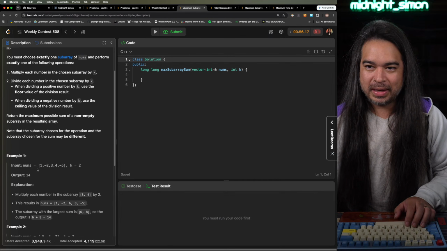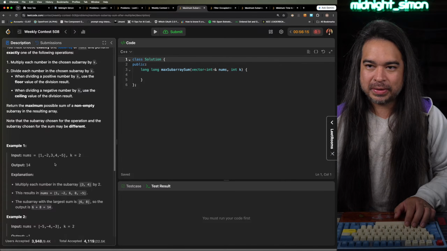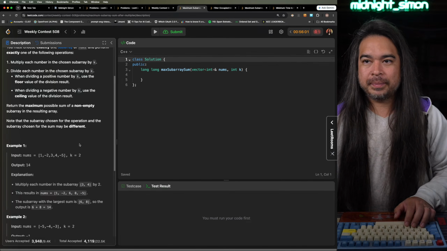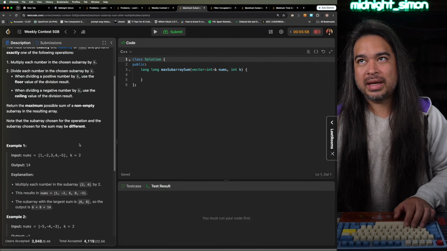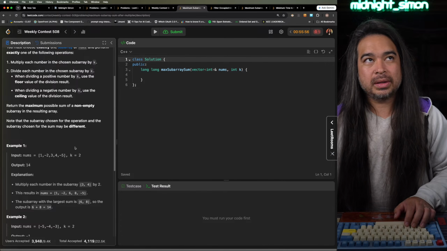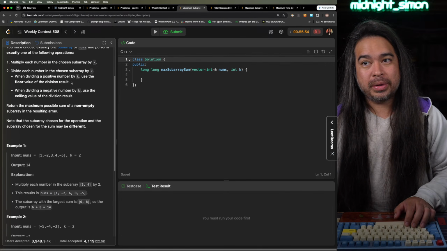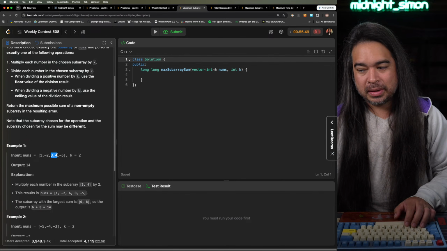In this one, they say the answer is 14 because if we multiplied these numbers, 2 times 3 is 6 plus 8, that's 14 because k is equal to 2. So it seems like I should run a sliding window with multiply, but not necessarily sliding window.